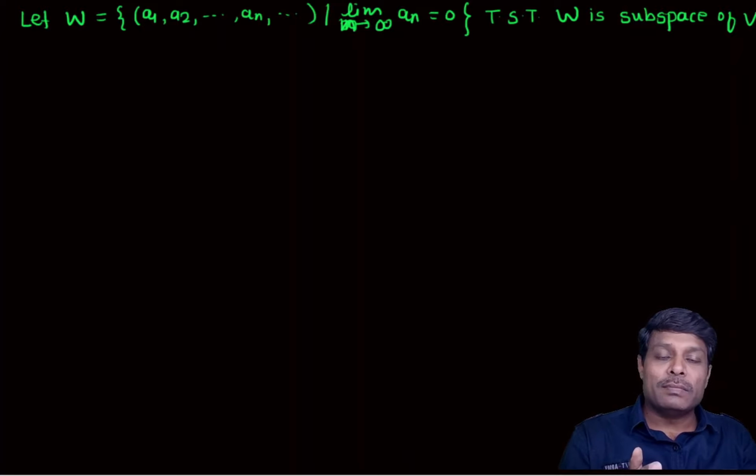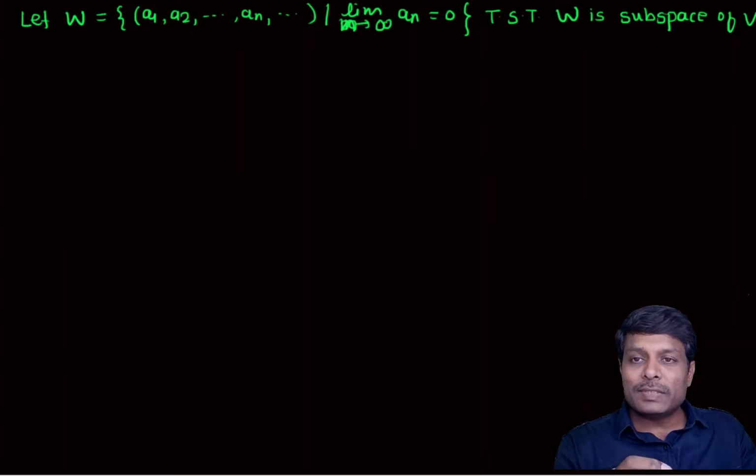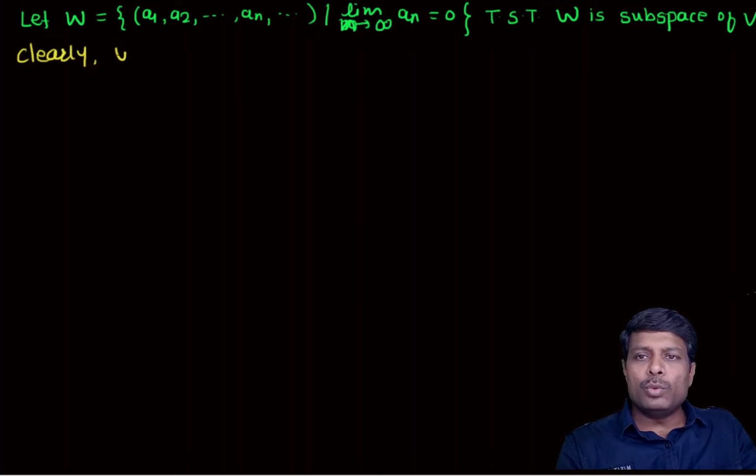The set that wants to become a subspace must be a subset of V. So clearly V is a collection of all the sequences. Here also a collection of sequences. The only particular sequences we have collected here are those whose limit of the nth term is 0. Therefore clearly we can say that W is a subset of V.